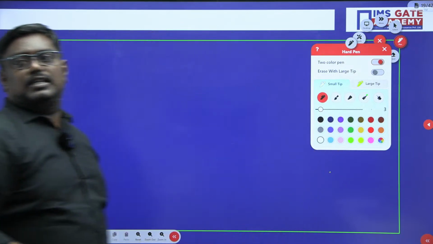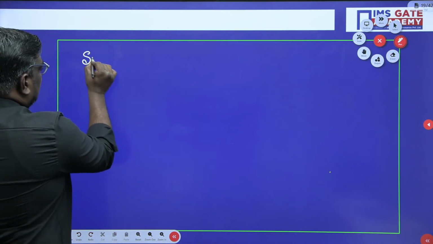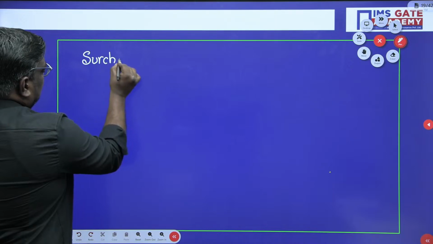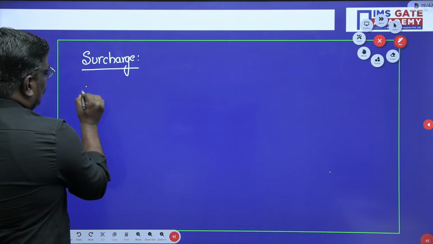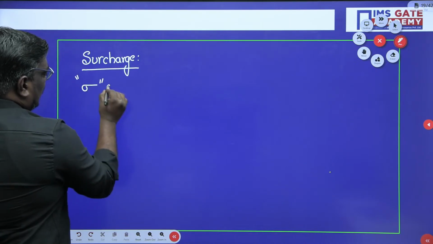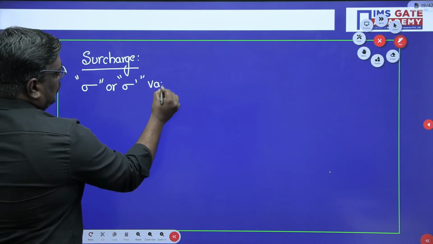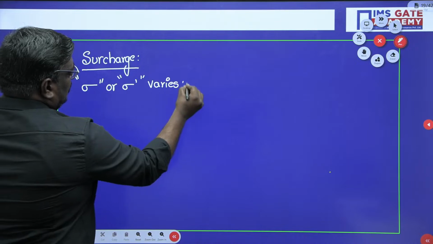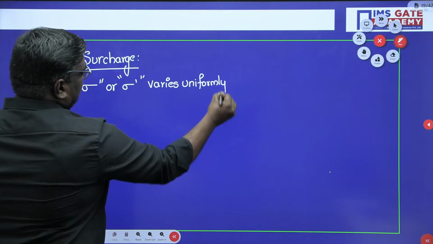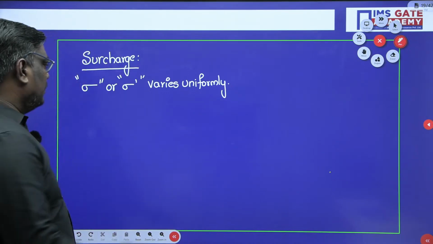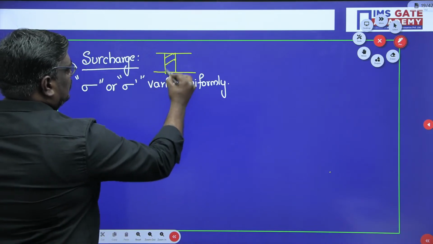Now see, students, whenever there is a surcharge, you can say that total stress or effective stress varies uniformly. I will draw a simple example of how this will be the total stress.